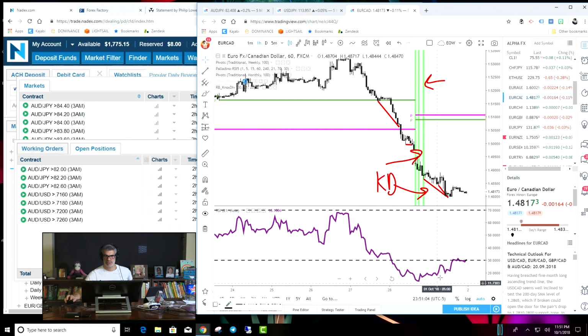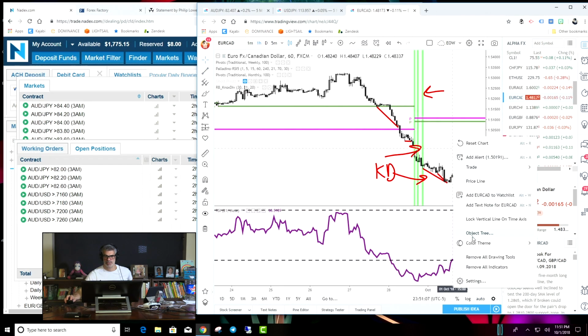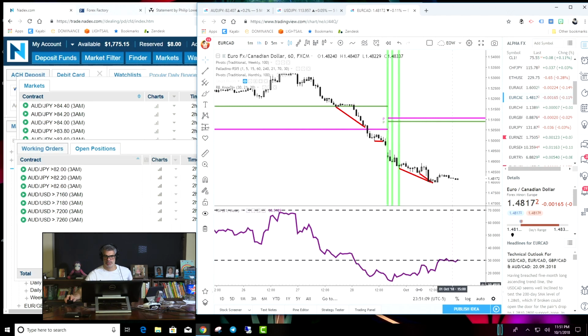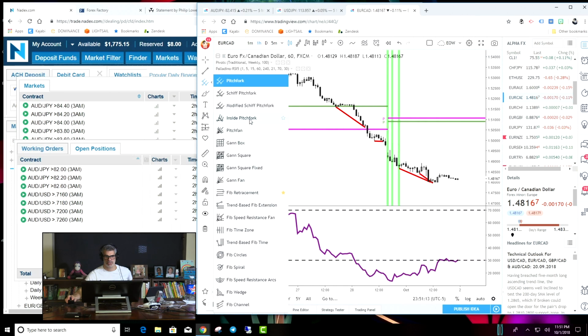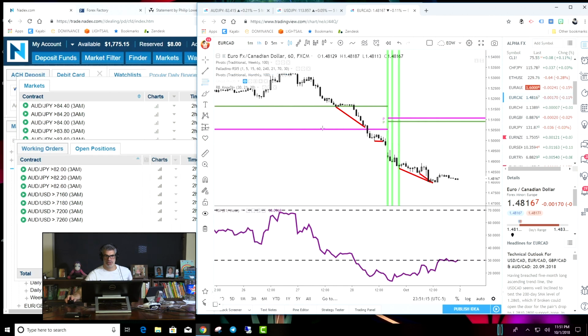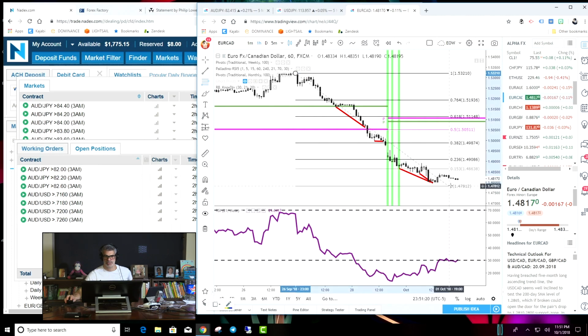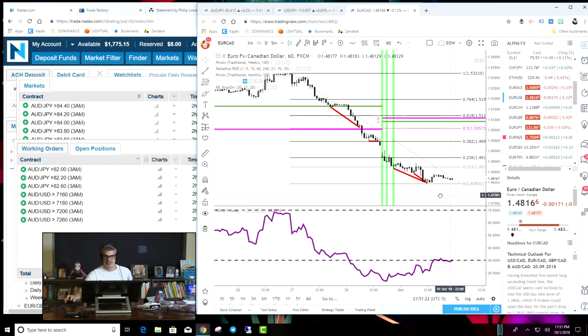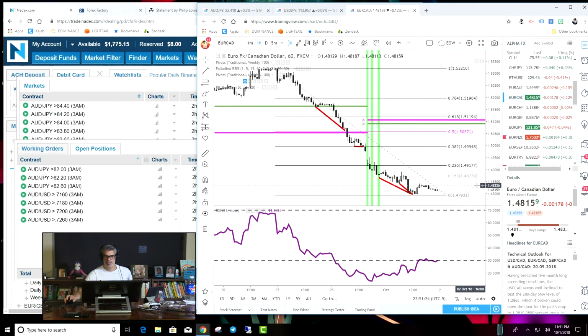Maybe we could draw some fib retracements. I was really looking forward to a big move after the interest rate decision. Okay, that's the fib retracement there.